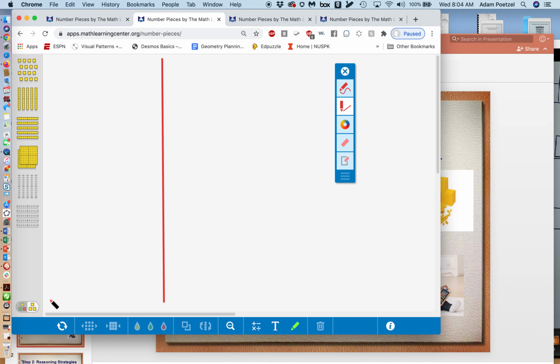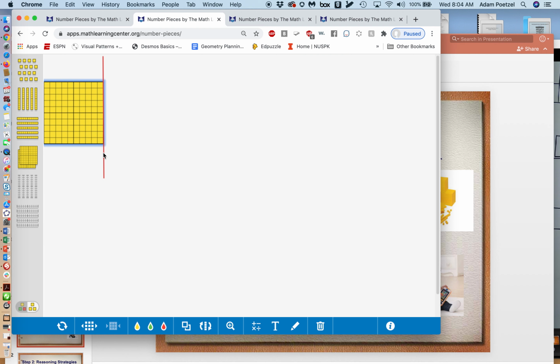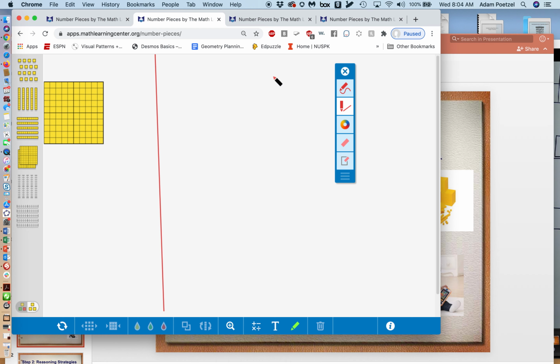One thing I want to do first, sometimes for some reason on this app, when I take that out, often I want to shrink it down first and then do my drawing, something I've learned here a little bit. So I'm going to use the eraser tool here and just erase my drawing there. Great.